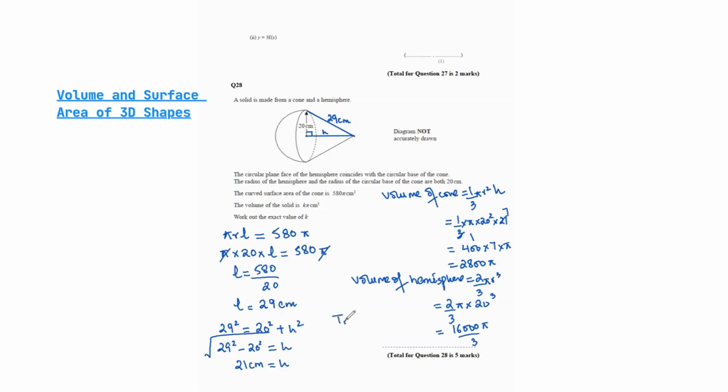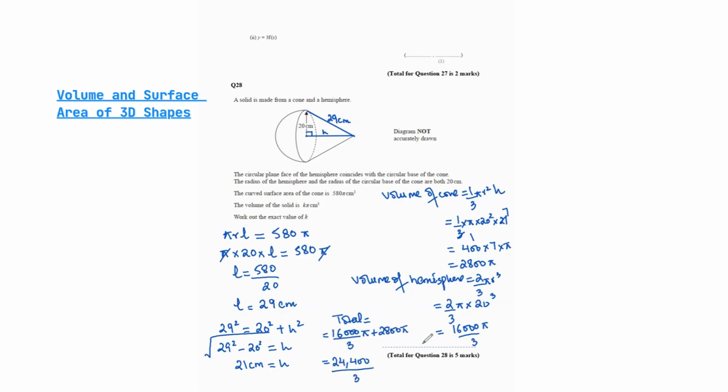So now total is going to be 16,000 over 3 pi plus 2,800 pi. That gives us 24,400 over 3.